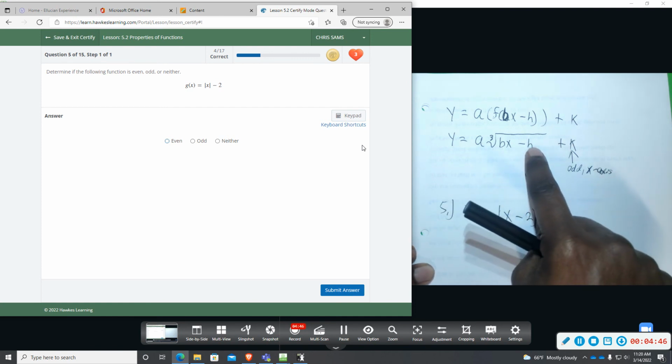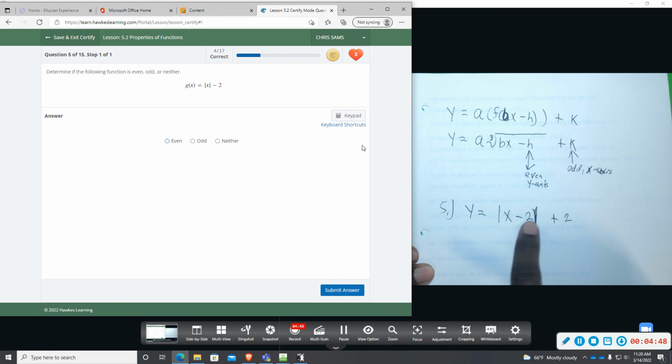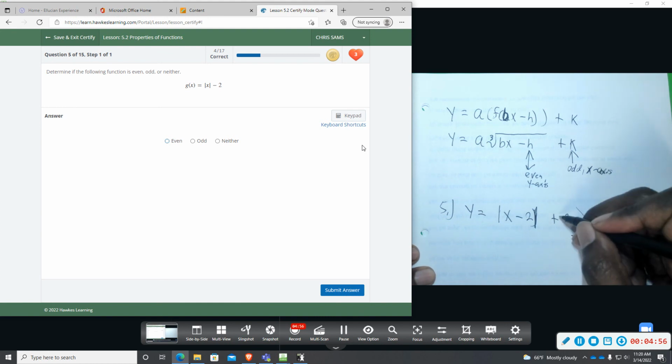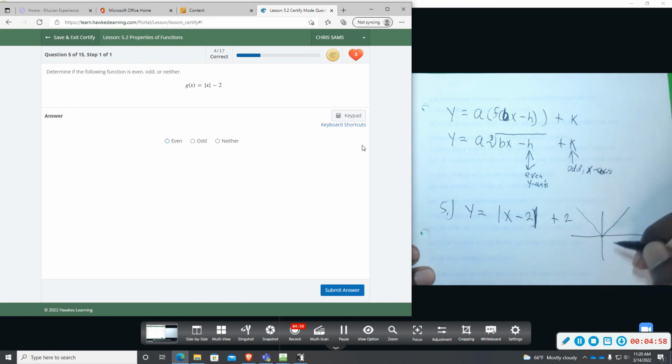It would be corresponding to this h, and it would not be even. So graphically, what that would look like, you've got an absolute value, and then this would move it left or right too. And then the one on the outside, which we actually had as a -2, it will move it down too.